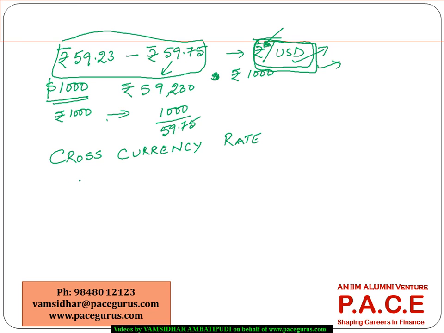Like, okay, I am having 59.23 or 59.75 from one of the dealers, rupee per dollar, and in the same way, let's say I have dollar to euro, $1.5 to 1.55, the dollar to euro.